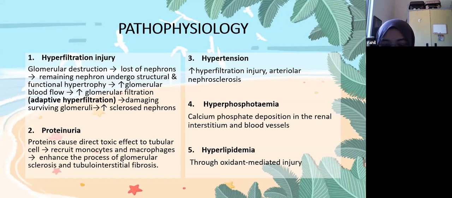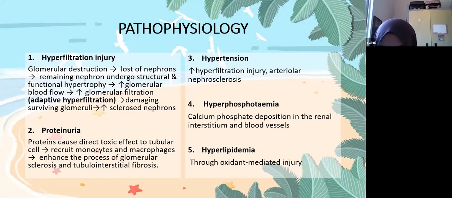Even though this adaptive hyperfiltration will preserve the renal function temporarily, it can also cause progressive damage to the surviving glomeruli, because of the direct effect of the elevated hydrostatic pressure of the capillary wall. So it will cause the wall to become sclerosed.